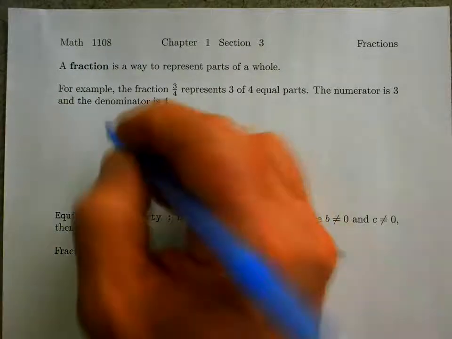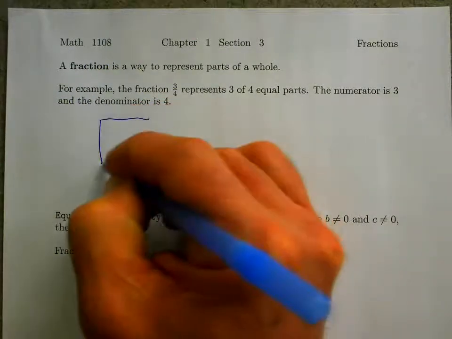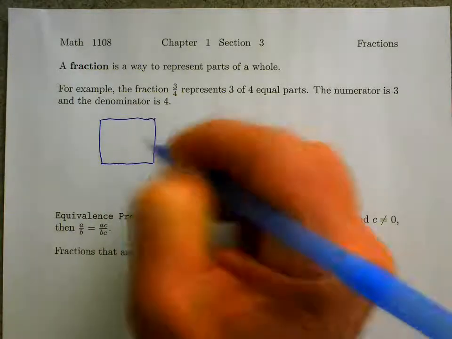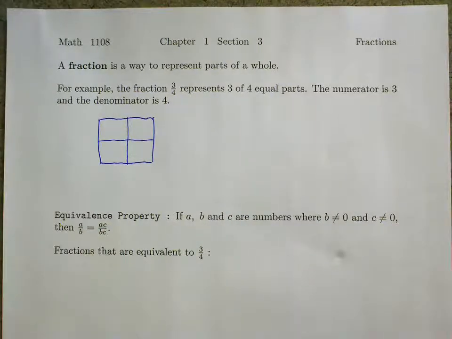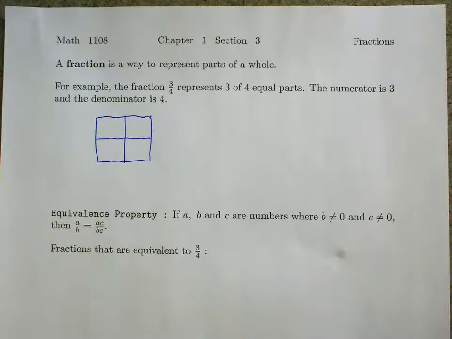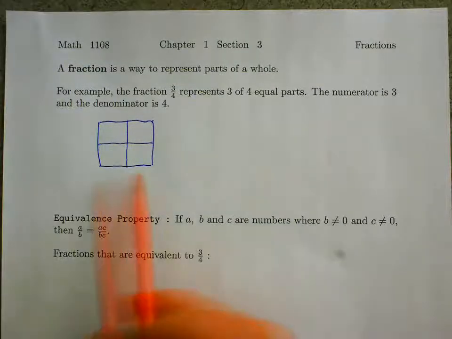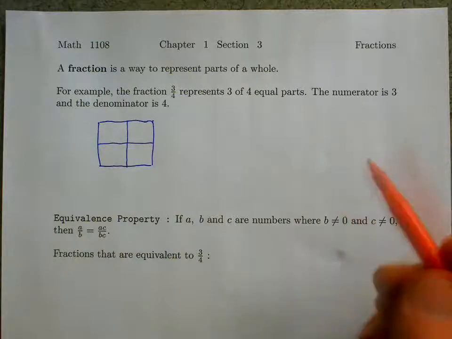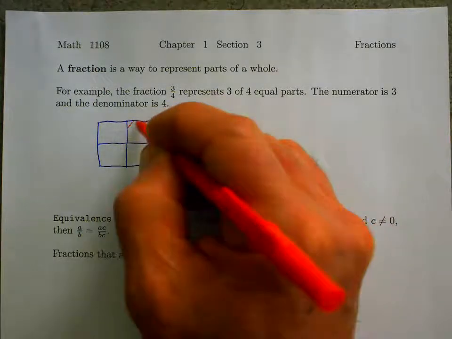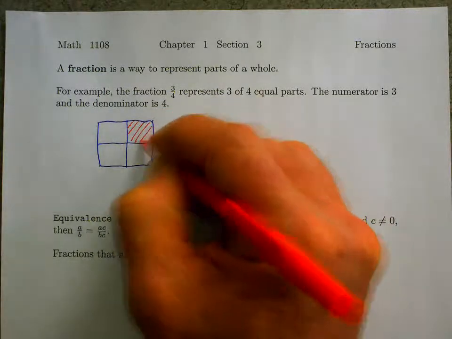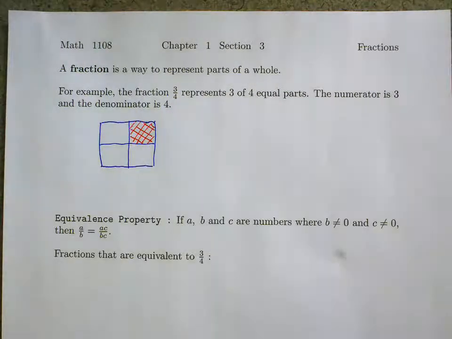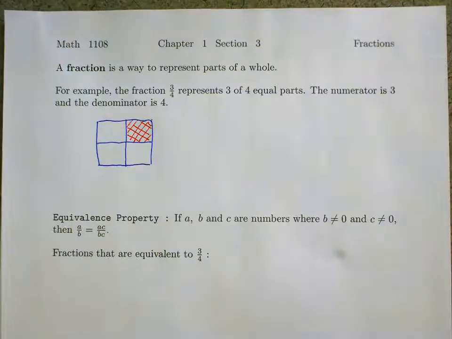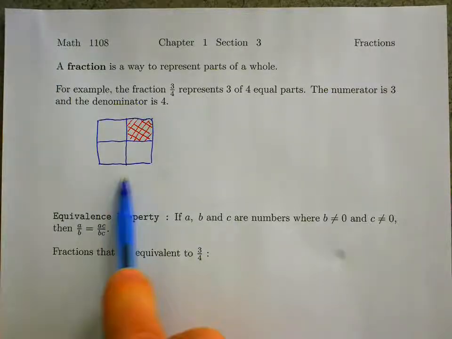You can represent fractions visually. So if I have 4 squares that are equal in size, and if I shade one of those squares, well, we can use fractions to describe what we're looking at.